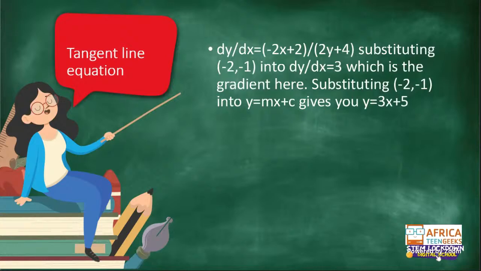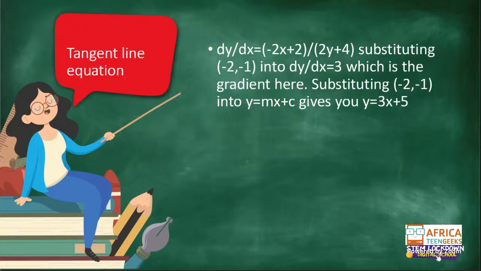Now, when you substitute your point, which is -2, -1, you're going to see that you get the gradient. You're going to have -2 times -2 is +4, +4 plus 2, that is 6.